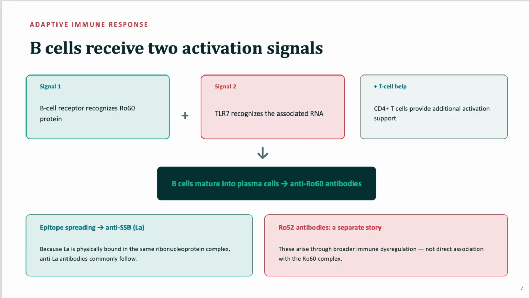That's the anti-SSA antibodies. Now, because La is typically associated with the same ribonucleoprotein complex, epitope spreading commonly leads to anti-SSB antibody formation as well. And again, just remember, Ro52 antibodies developed through a totally separate mechanism related to immune dysregulation rather than direct association with the Ro60 complex.